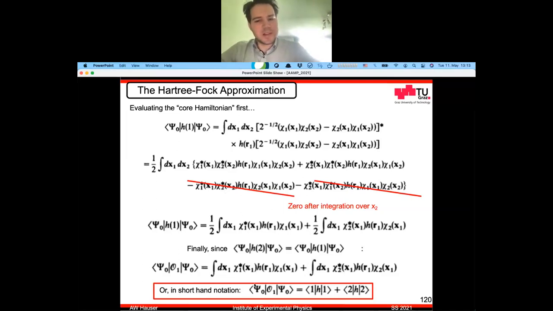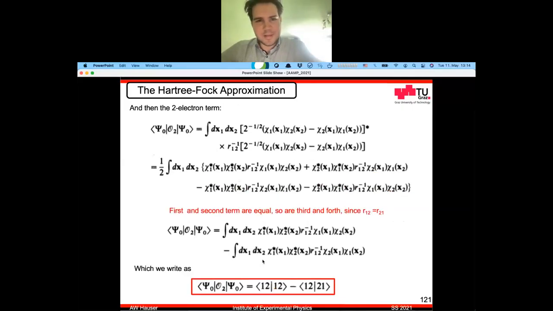And this would be my expectation value if my Hamiltonian consisted only of core or single electron operators, which it doesn't because it also has this O2, this 1 over R12, and this one introduces more terms because we have this coupling. If I just have two electrons, it will just give rise to one pair interaction, which is either a Coulomb or an exchange type interaction, right?